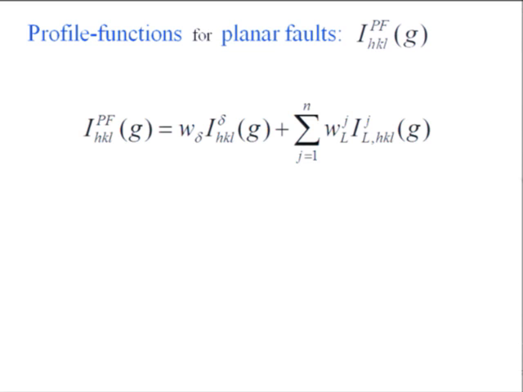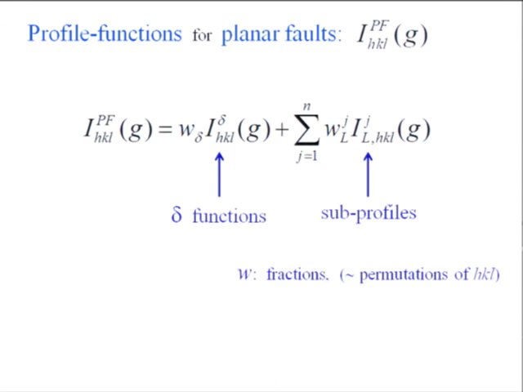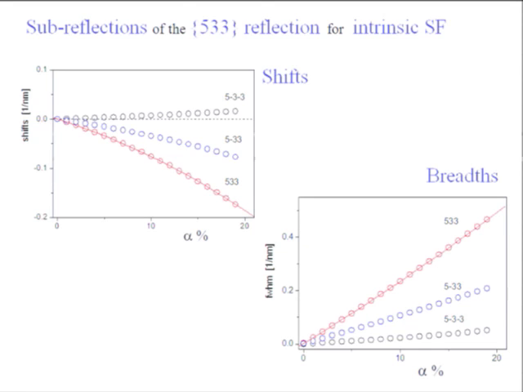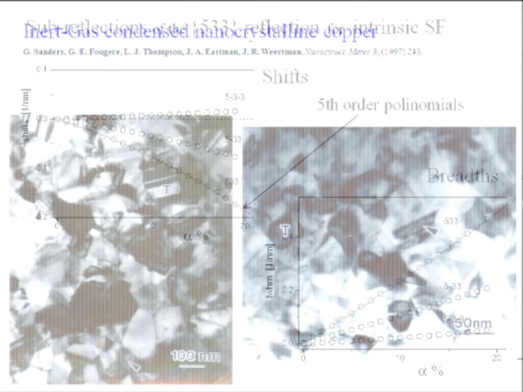And of course, you have to separate out the delta function part, which are the cases where the twinning has no effect on the line profile, on the line broadening, as I mentioned before. The broadening and the shifts can be parameterized, and these parameter files can be easily incorporated into software which will work for your line profiles.